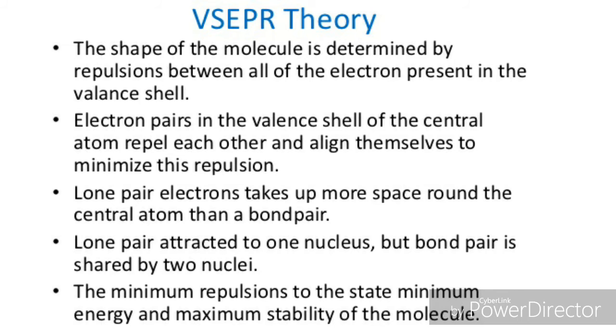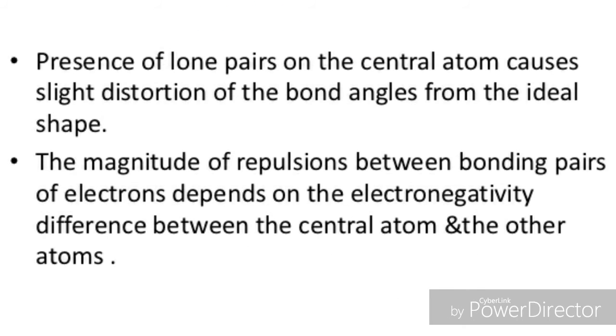Lone pair means unshared electron pair or non-bonding electron pair. Presence of a lone pair on the central atom causes slight distortion of the bond angles from the ideal shape. The magnitude of repulsions between bond pairs of electrons depends on the electronegativity difference between the central atom and the other atoms.